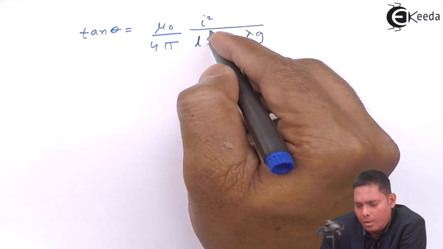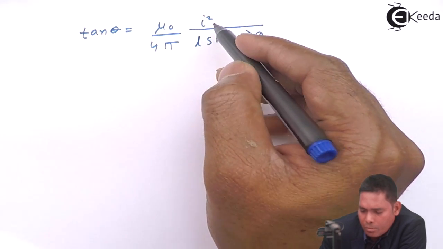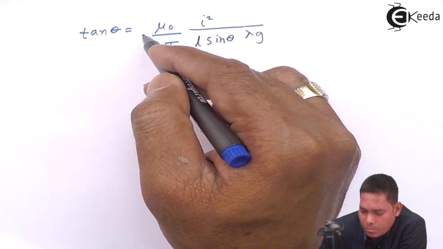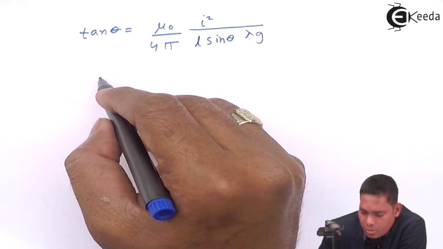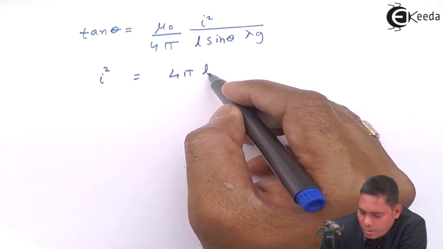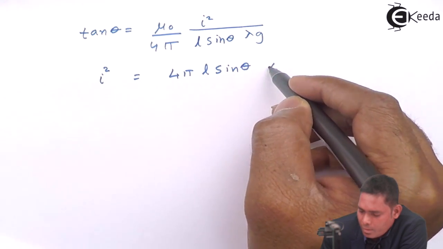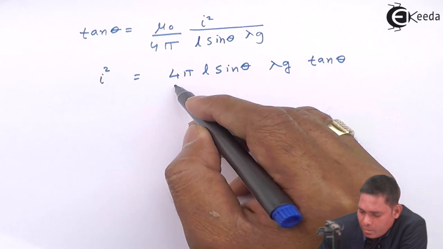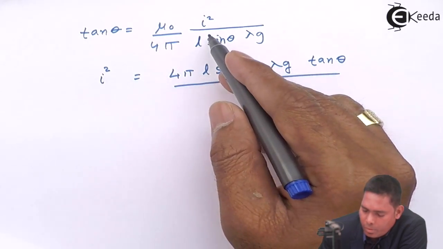From here you rearrange the equation, since we're interested in I. So you take all the terms to the other side. So I square becomes 4 pi L sin theta lambda into g, again tan theta is there, divided by mu naught.